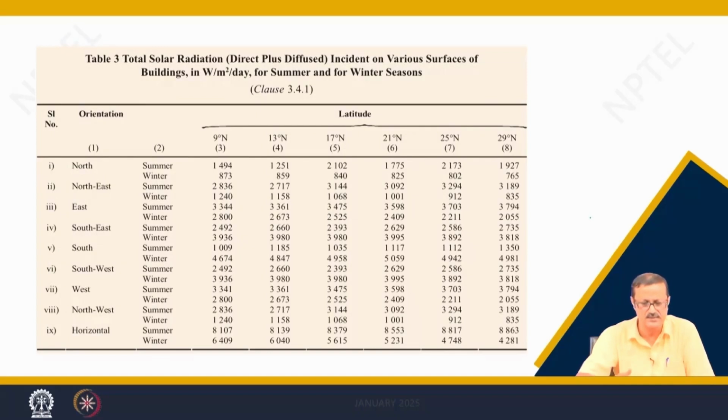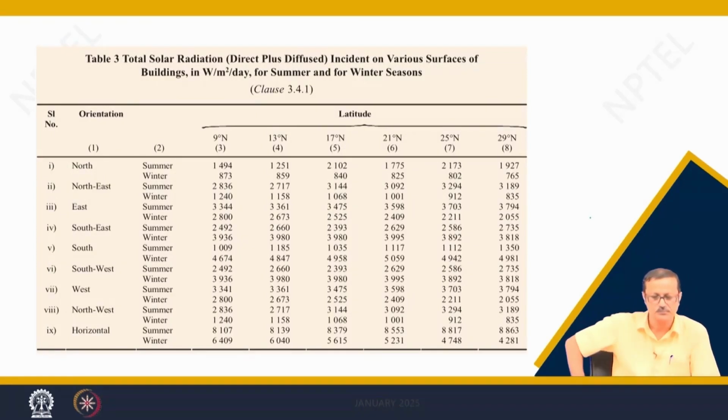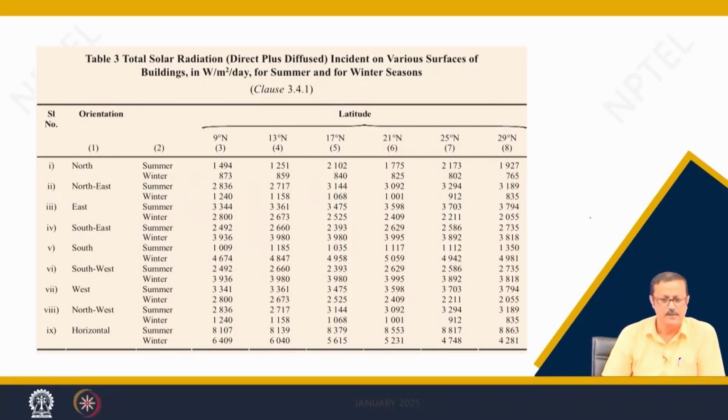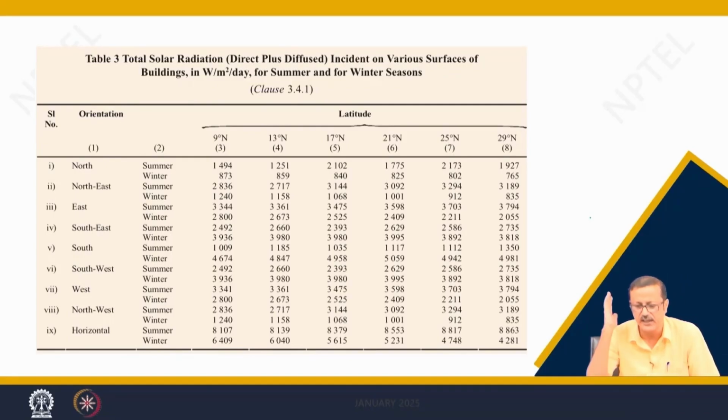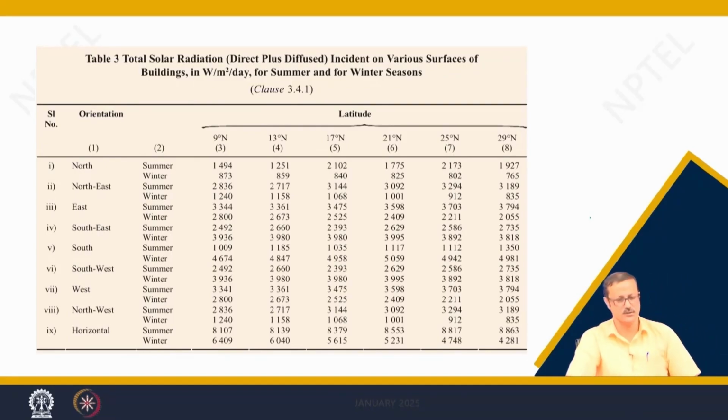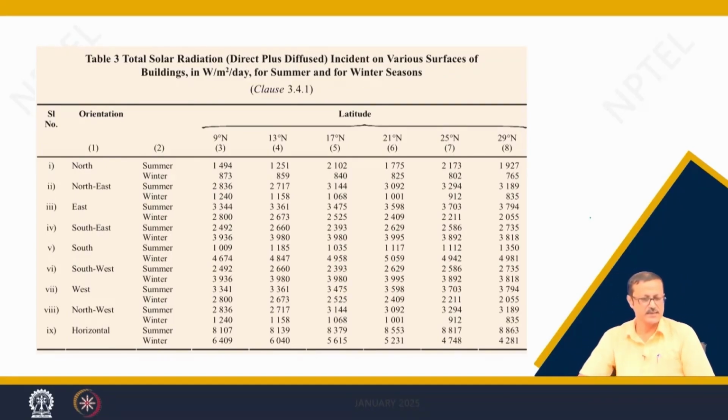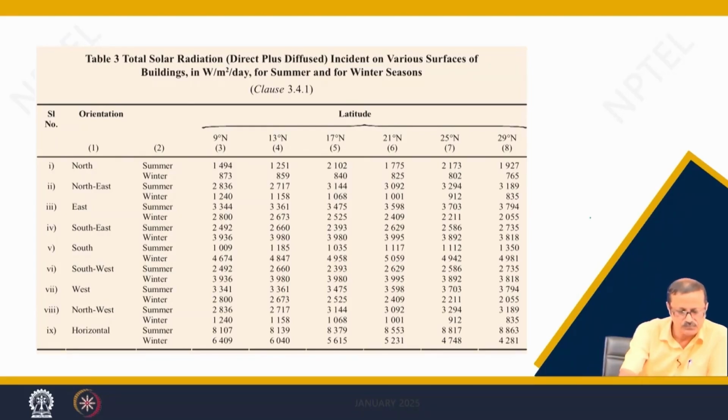So, this particular data I am going to use. It is the NBC data. NBC Part 2, Volume 2 has given this data. It is for 9, 13, 14, 17, 21, 25 and 29 degrees north latitude in our country, and all 9 facade data are mentioned for the summer month and the winter month.